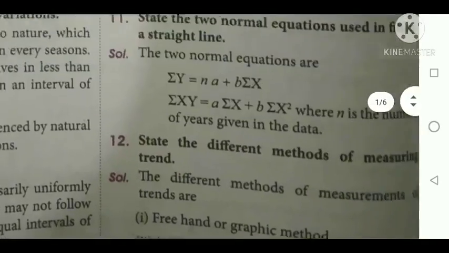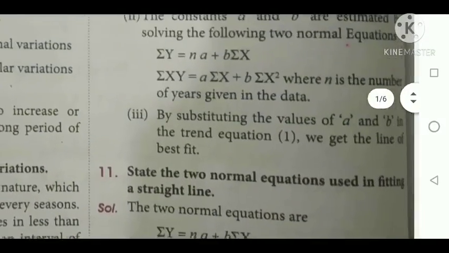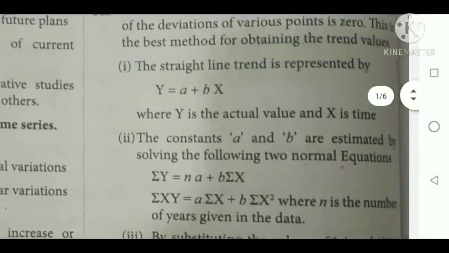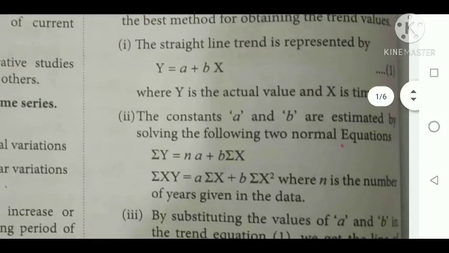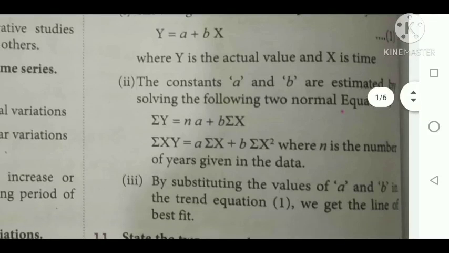Next, we are going to see the sums related to this exercise. Before going to the sums, we come across some formulas. The straight line trend is represented by y equal to a plus bx, where a and b are constants.